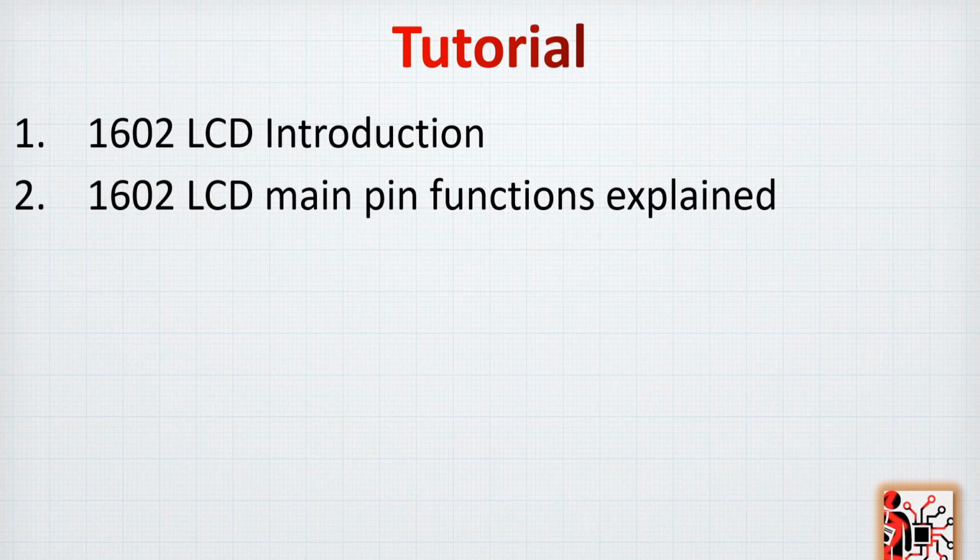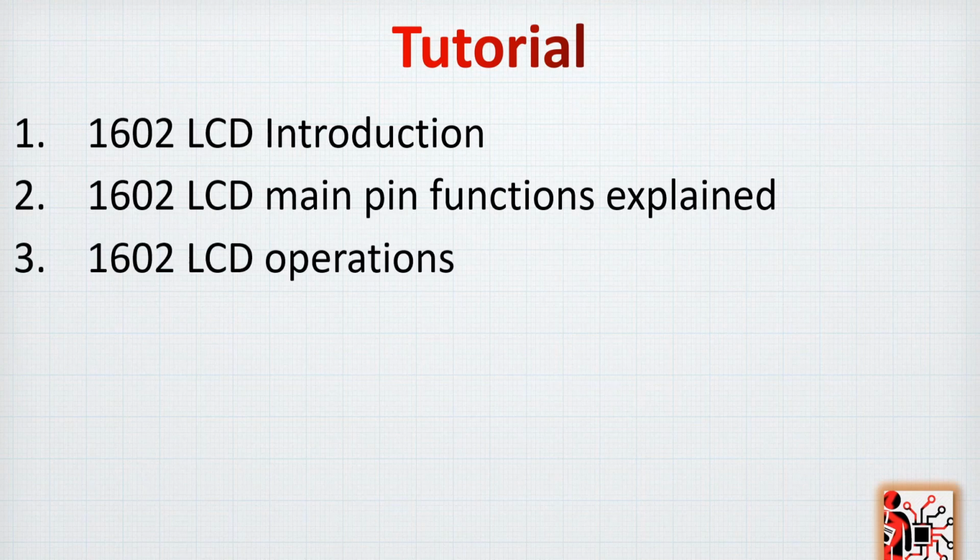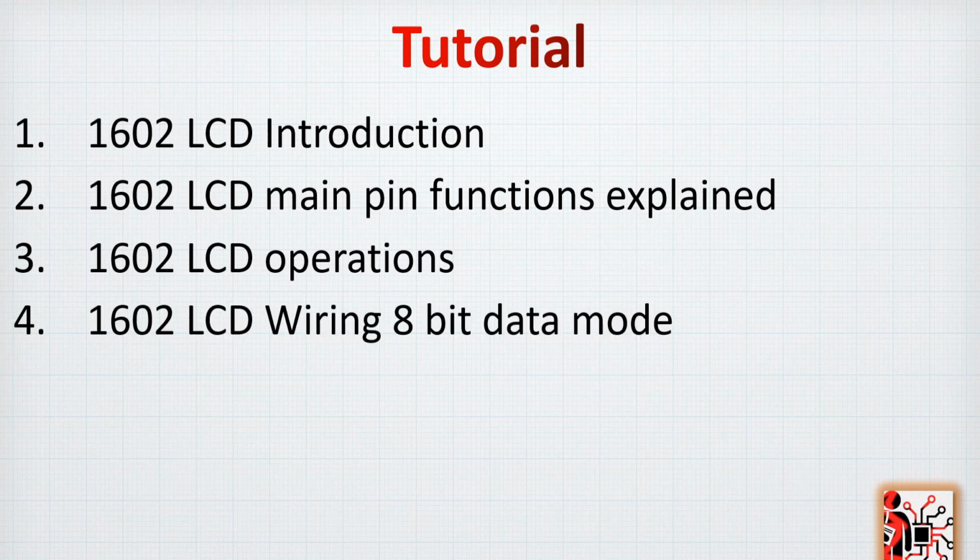Then we are going to explain the pin functions. For each of the 16 pins, we're going to understand how they are working. After that, we are going to take a look at certain LCD operations, and after finishing with the operations, we are going to see how to wire the LCD with the STM32F1 using the 8-bit data mode.